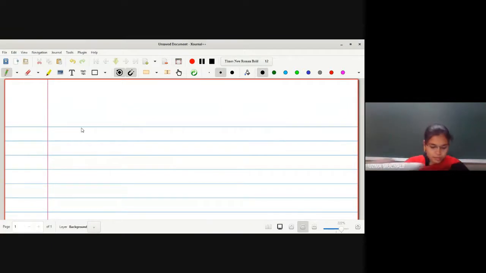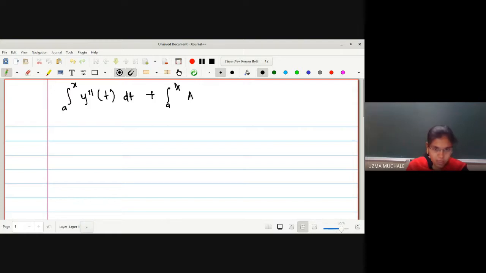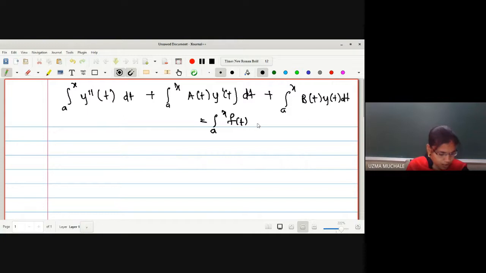Actually, what was the problem? I was not able to understand this. What was happening? Integration a to x, first term y double dash of t dt, plus integration a to x a of t y dash of t dt, plus the next term integration a to x b of t y of t dt, is equal to integration a to x f of t dt.